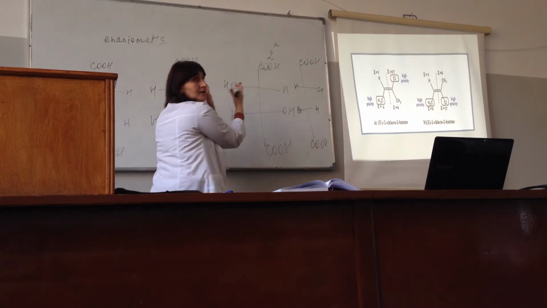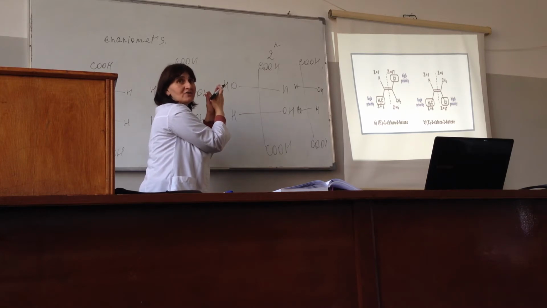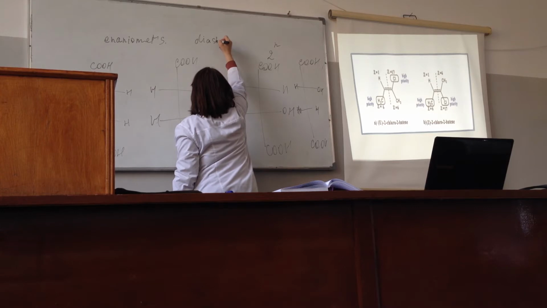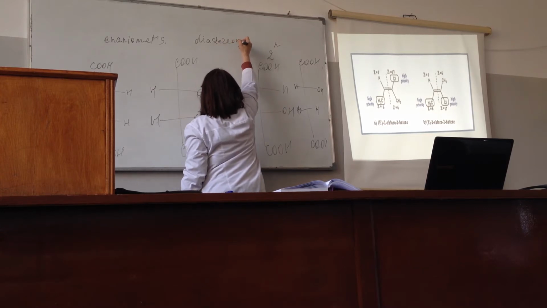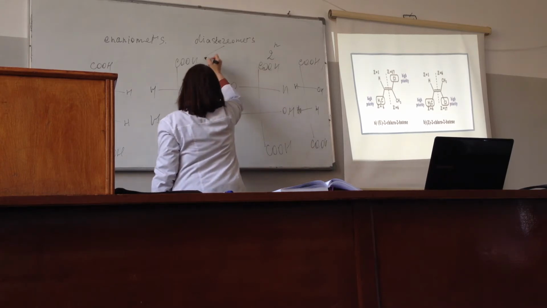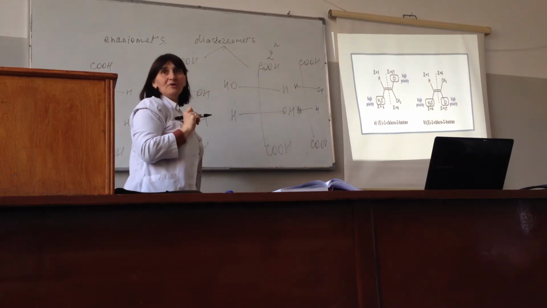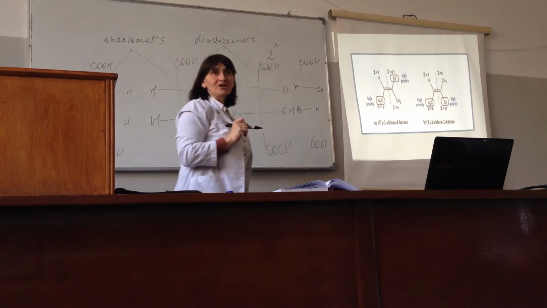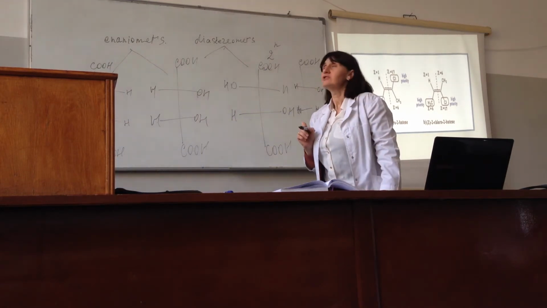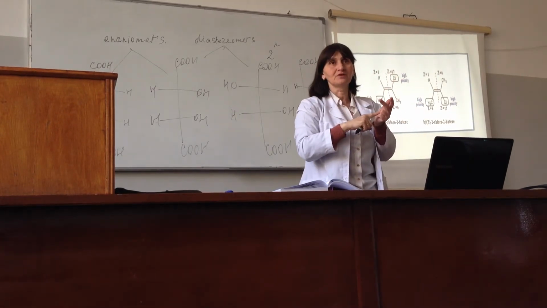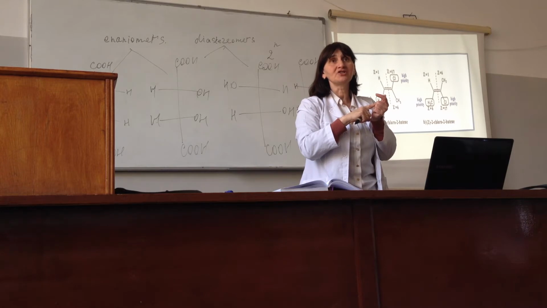If they are not mirror images of each other, they are diastereomers. So these and these are diastereomers of each other. These 2 structures are enantiomers of each other. Now look, diastereomers have different physical properties, different chemical properties, and different biological properties too.